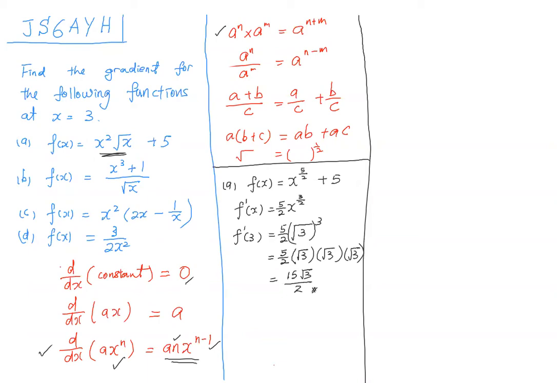Miss, I thought the cube should be inside the square root. It doesn't matter. You can square root first, then cube it, or cube it, then square root. Both also can. So in this case, it's better to square root it first, then cube, so that you can simplify your answer.